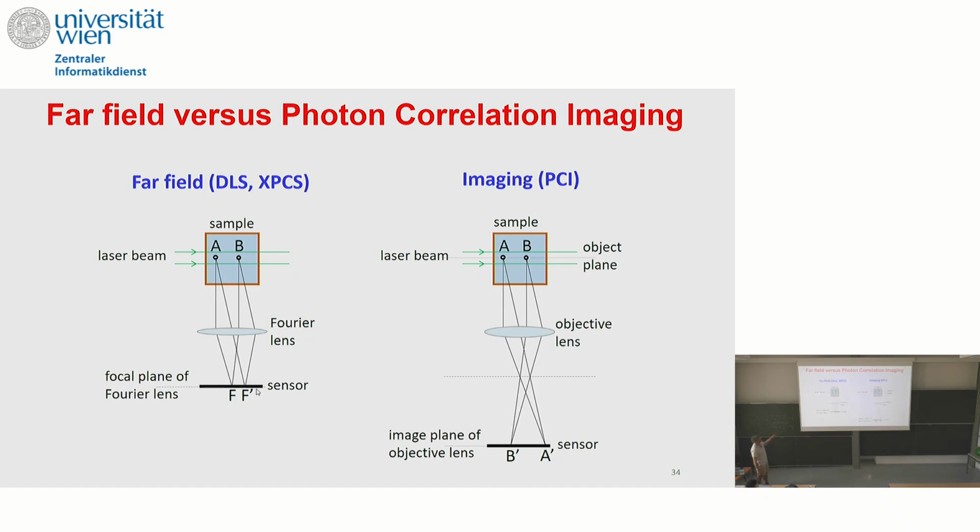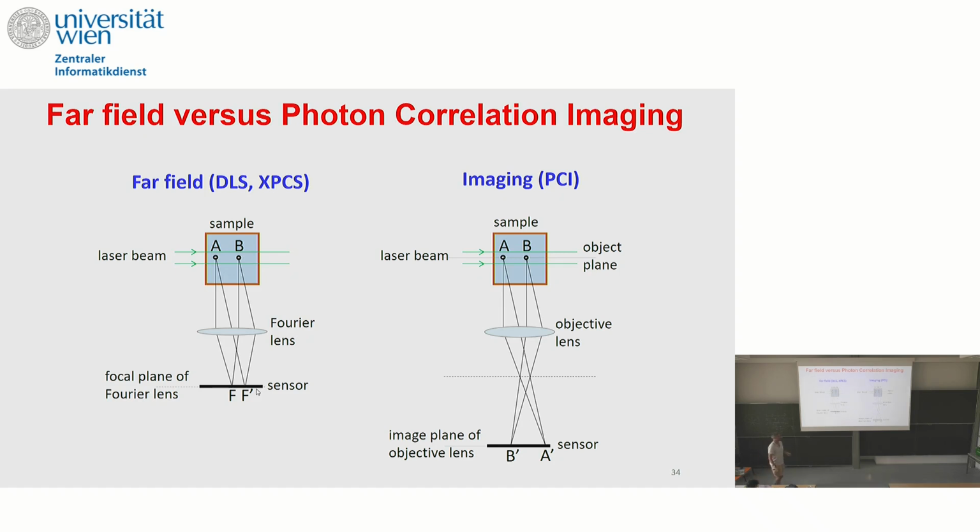So you illuminate your sample with a beam that comes like that, and you pick up with this lens, which is called the Fourier lens, because here effectively you obtain something related to the Fourier transform of the particle distribution here. You collect with this Fourier lens light scattered at 90 degrees. Okay, this is regular scattering. This is what normally you will find in textbooks and so forth.